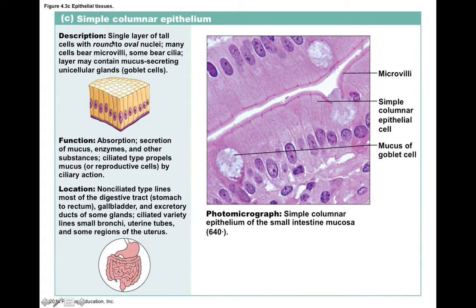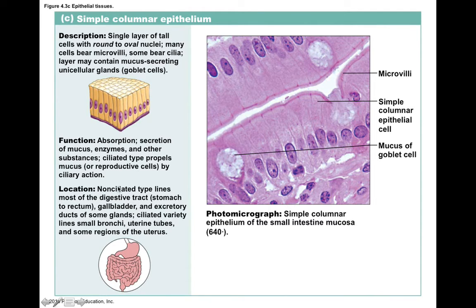Now, simple columnar epithelium is a single layer of tall cells with oval nuclei. This is really good at absorption, as well as secretion of mucus, enzymes, and other substances. There is a ciliated variety you find in some of the reproductive organs, like in the oviducts or ovarian tubes. But the non-ciliated types of simple columnar epithelium are what line most of your digestive tract.